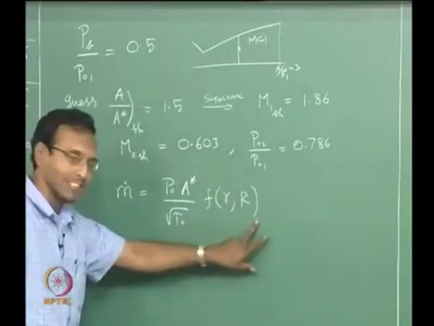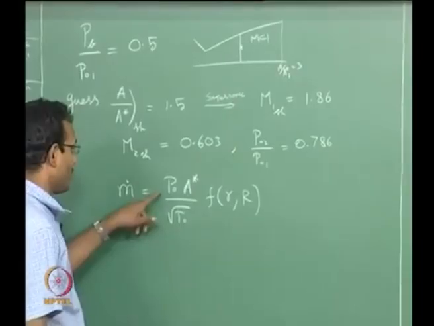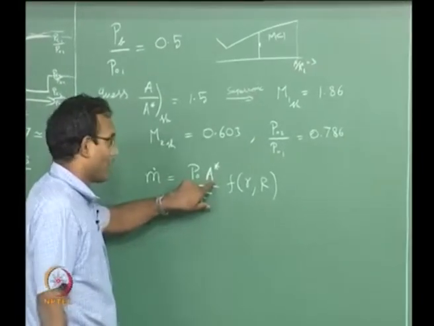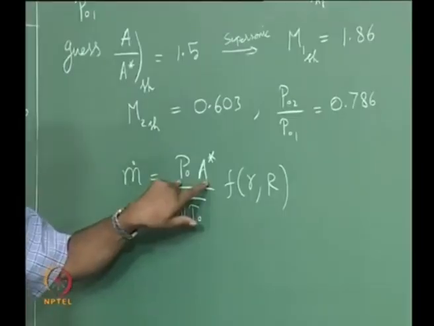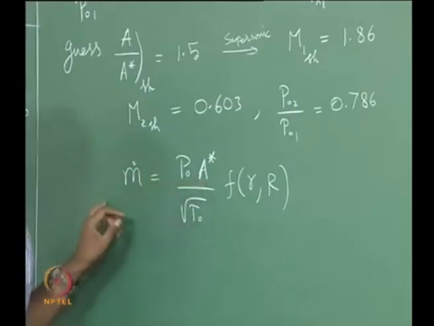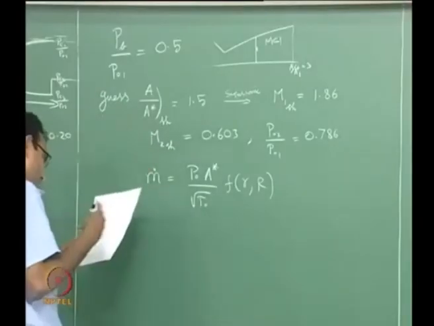The function of gas is not changing, so we won't worry about it. My T naught does not change across a normal shock. So P naught dropped and A star increased. To keep the same mass flow rate, that has to happen. So now we have to work through the whole thing again.